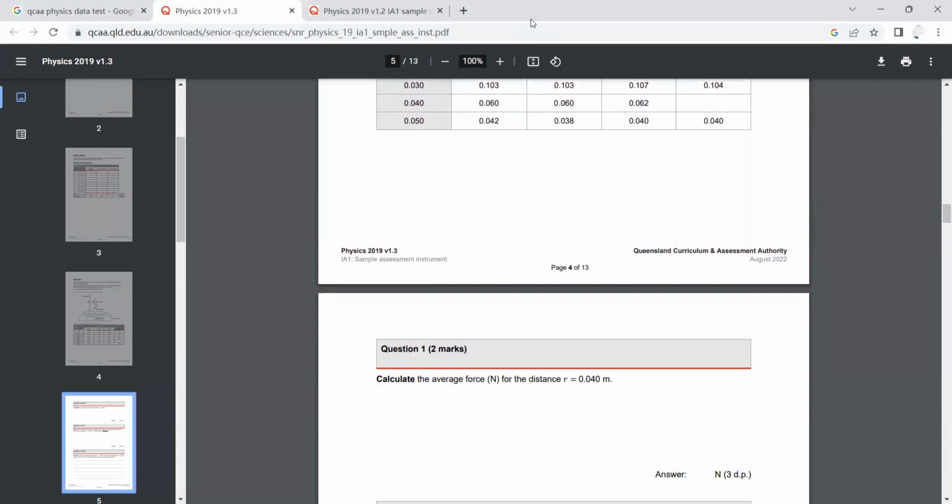What we need to do is just add all three forces together. Average force equals adding all the three forces together divided by 3. So it's 0.06 plus 0.06 plus 0.062.